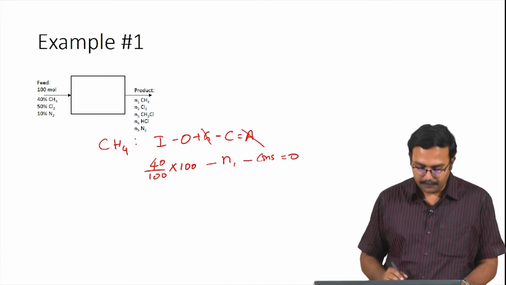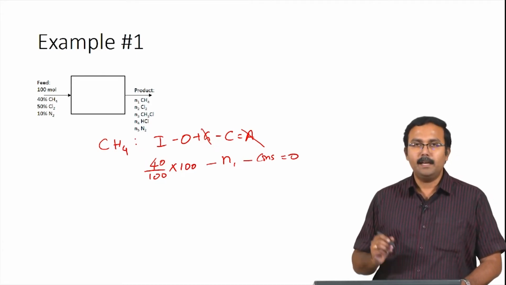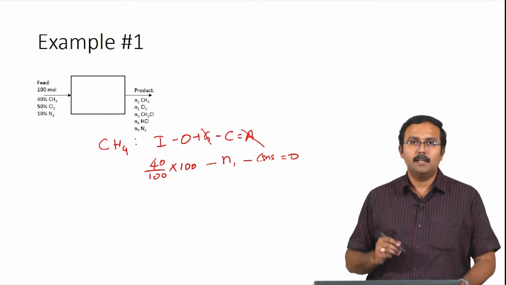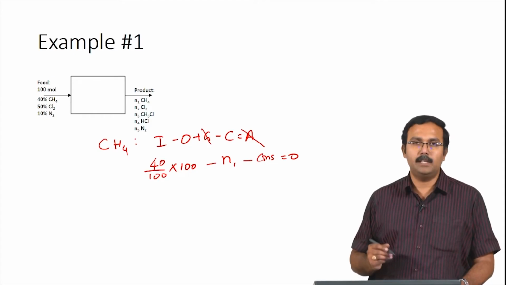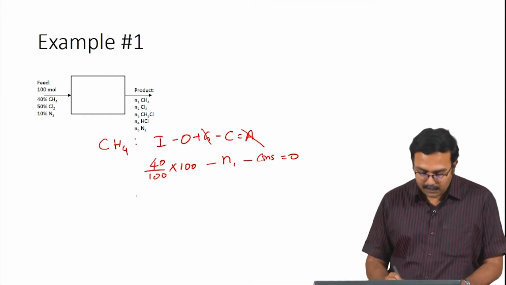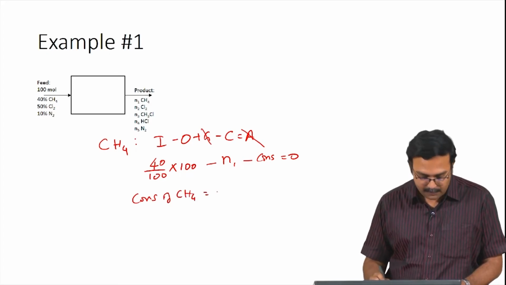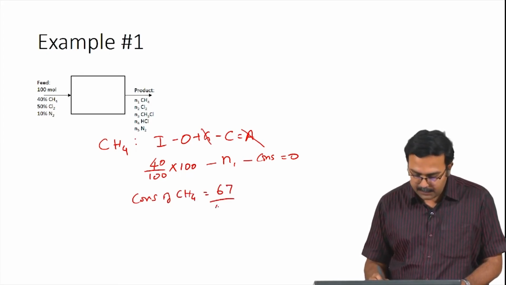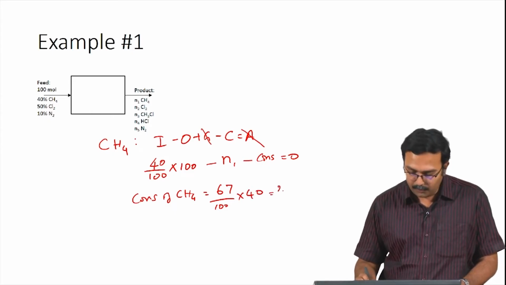is equal to 0. Can we calculate the consumption of methane? We know that methane is the limiting reactant, and the problem statement says that 67% of the limiting reactant actually gets converted, which means consumption of methane would be 67% of 40 moles which is fed, giving you a value of 26.8 moles.